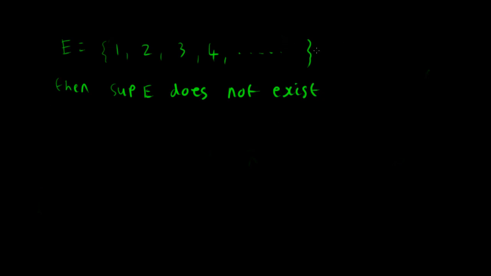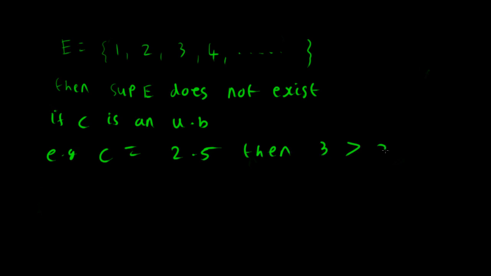There's no upper bound. It will just get bigger and bigger. So if C is an upper bound, then just take the next natural number that's bigger than C. E.g. C is 2.5, then 3 is greater than 2.5, so it's a contradiction.